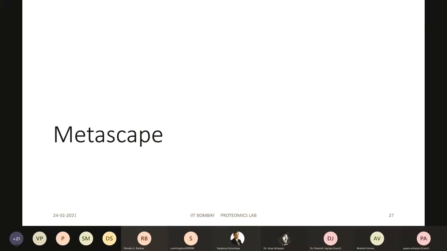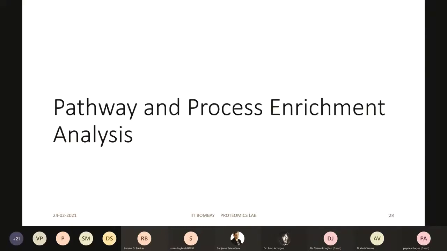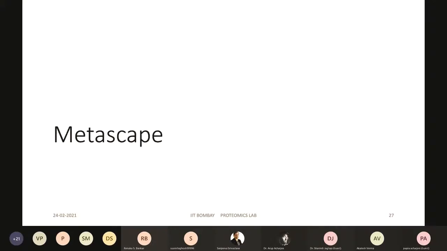So coming to Metascape. What Metascape does is it's a meta-analysis software. So you have multiple pathway enrichment tools, and an ideal condition would be that you take all these tools together and analyze a single data set. So the data set would give you a much more robust, holistic view.